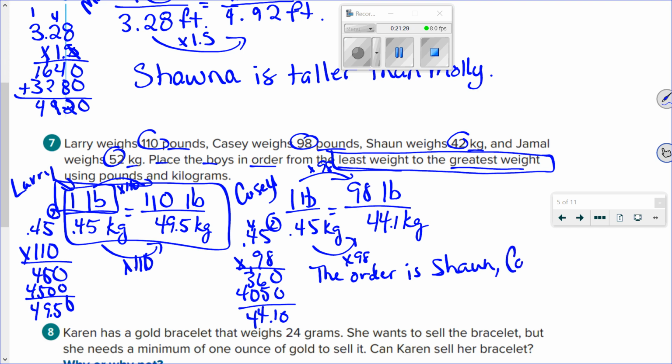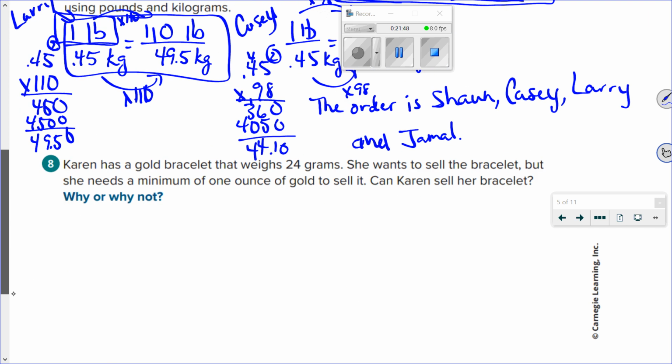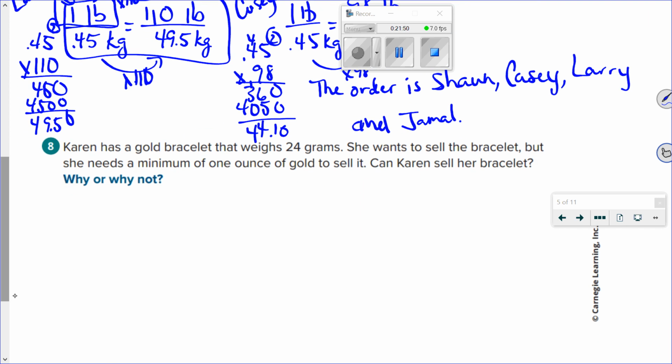Then Casey. And then Larry. And our last was Jamal. Does that make sense to everybody now that you're seeing it? You understand the importance of setting up your proportion correctly? Because that's honestly what it's all about.